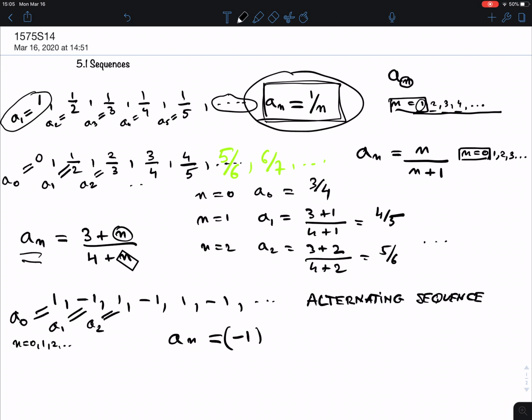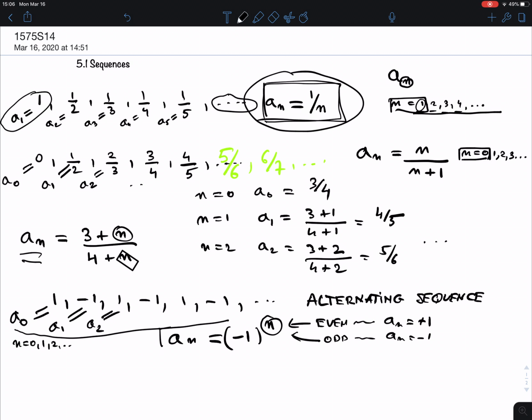So minus 1 to the power n. Whenever n is even, the result is 1, right? And whenever n is odd, the result is negative 1. And that's exactly what happens here, right?